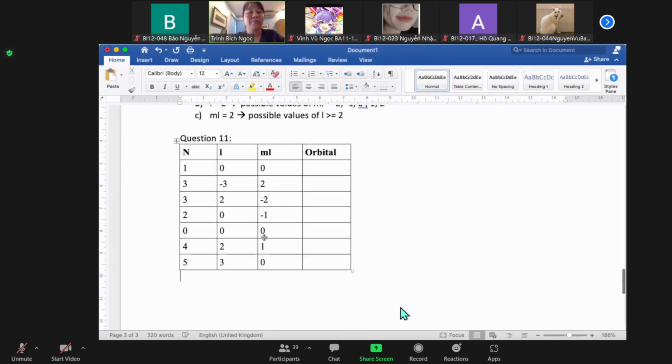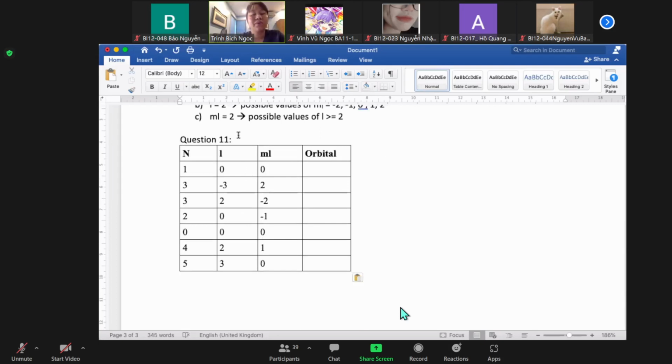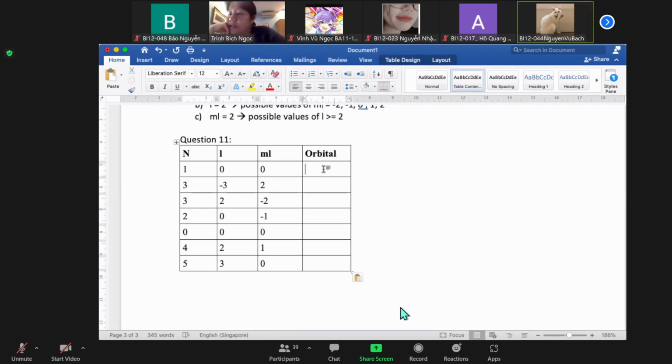So the first one, n equal to 1, L 0, ml 0. This is the orbital 1s.